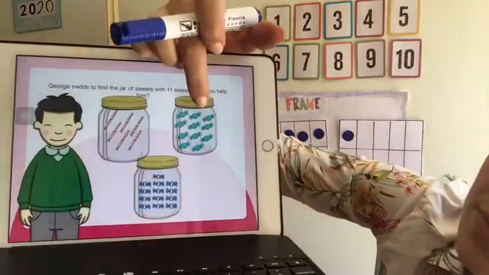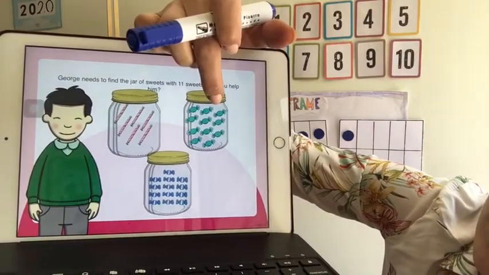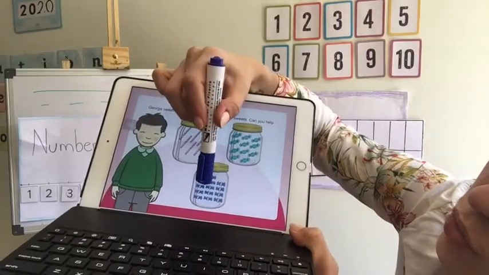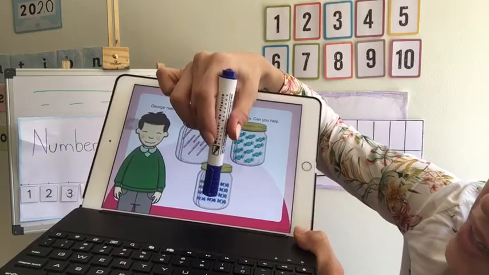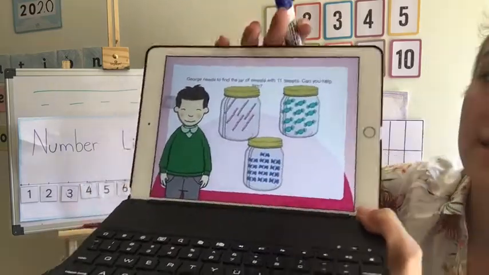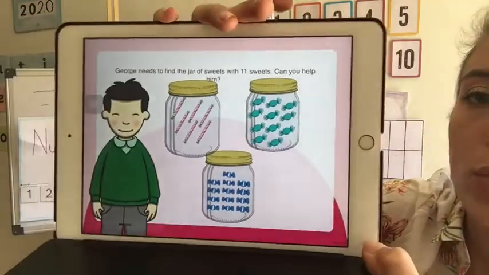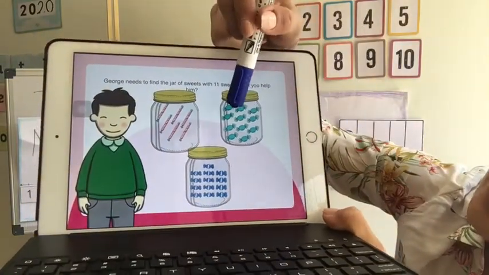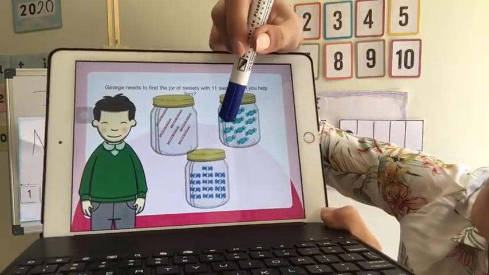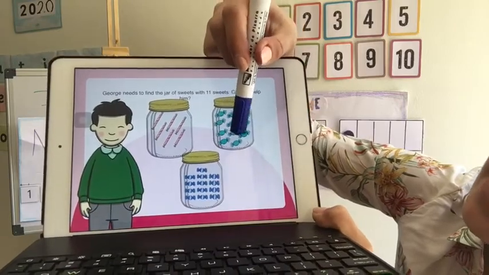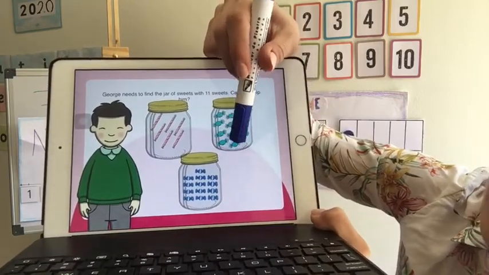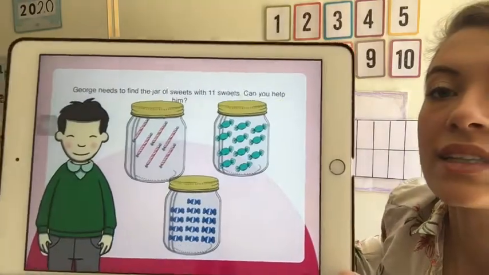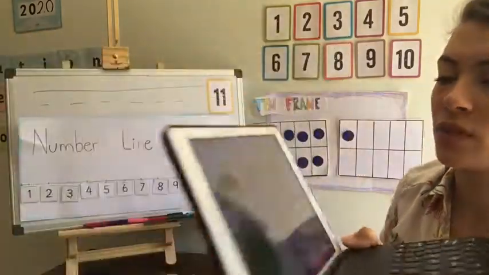And this one. 1, 2, 3, 4, 5, 6, 7, 8, 9, 10, 11, 12, 13. It's 13 over here. Which one has 11? This one. 1, 2, 3, 4, 5, 6, 7, 8, 9, 10, 11. This one, 11. Good job.